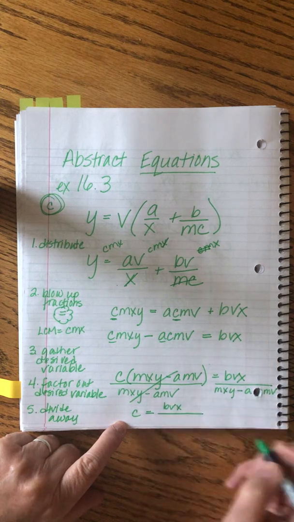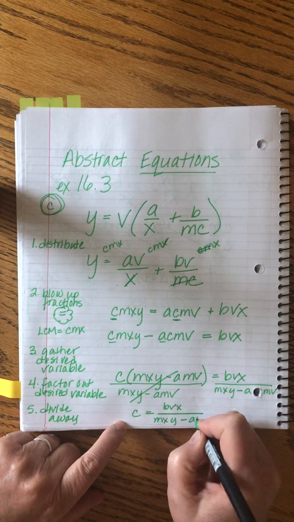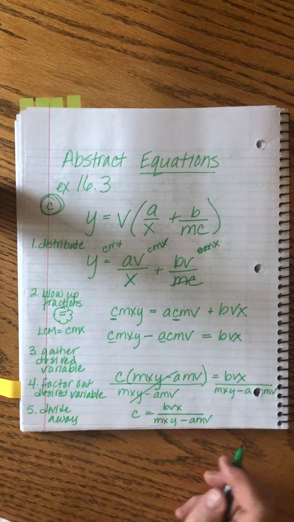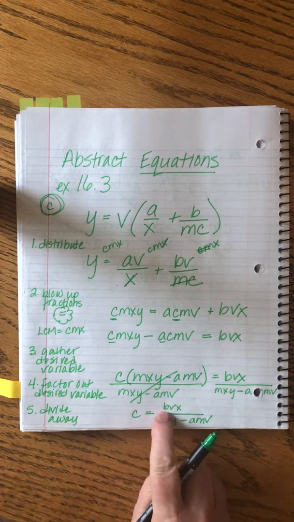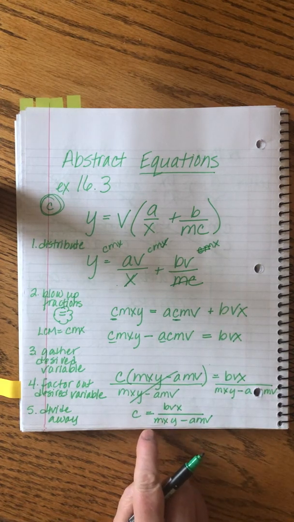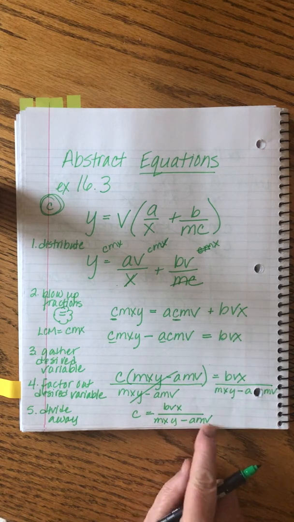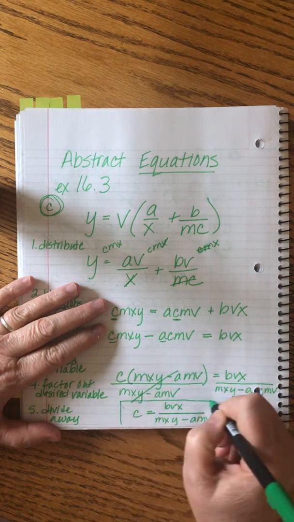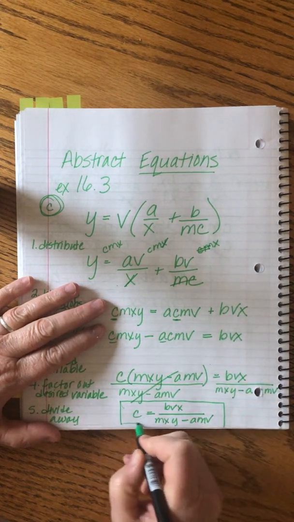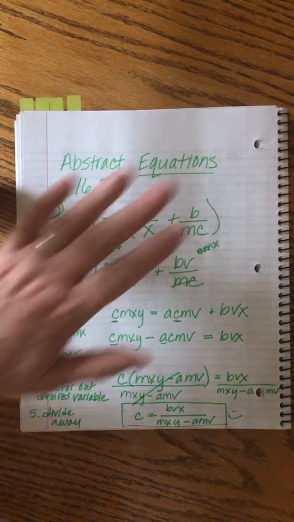BVX over MXY minus AMV. Let's see if John agrees with us. XVB, okay, I did VBX, over XMY, yes, minus MVA. Different order within each clump, which is fine because that's multiplication, and multiplication order doesn't matter, but this is correct. Yay! There are the steps on that.